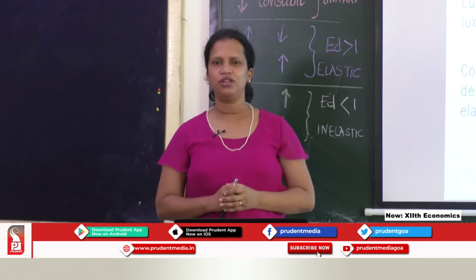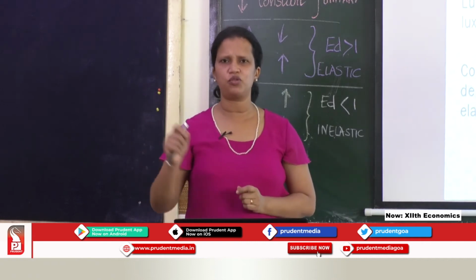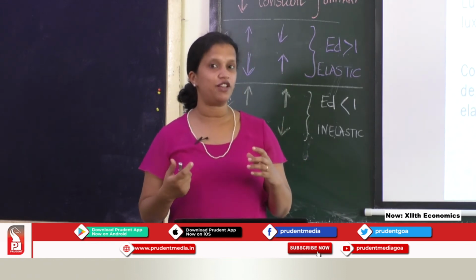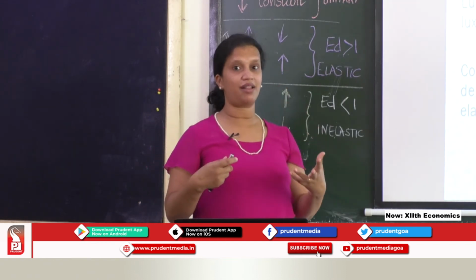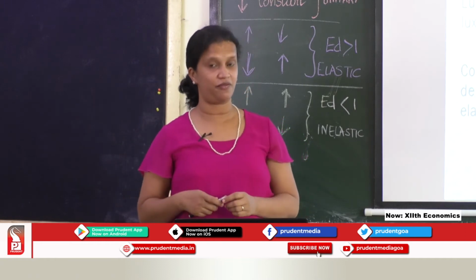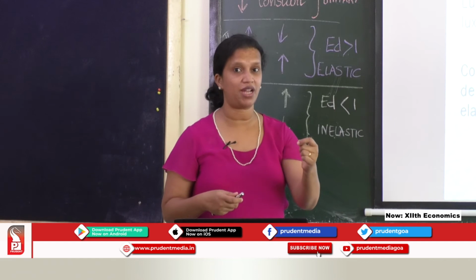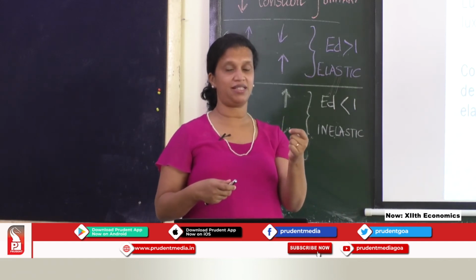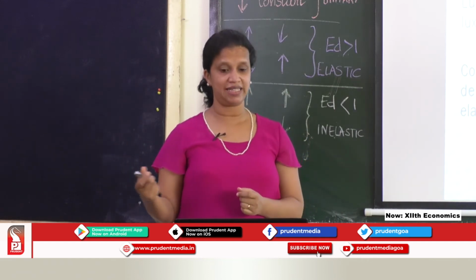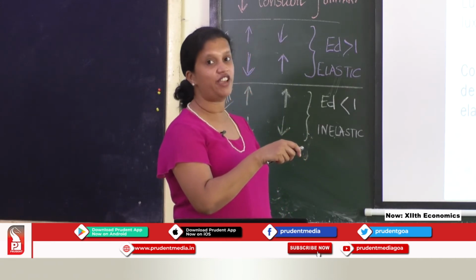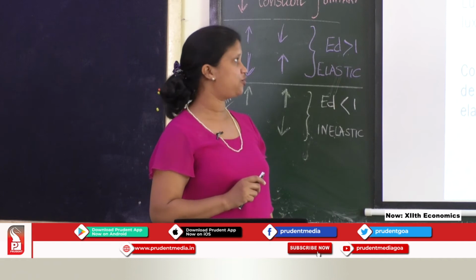For some time you may say, okay, I will postpone, I won't buy it right now. Or sometimes we wait for offers from car companies, and those are the times we go to buy the cars. So that means you are reacting to a price change, to an offer price. That is why your demand increases. So, these goods have a relatively elastic demand. They are very sensitive to a price change.